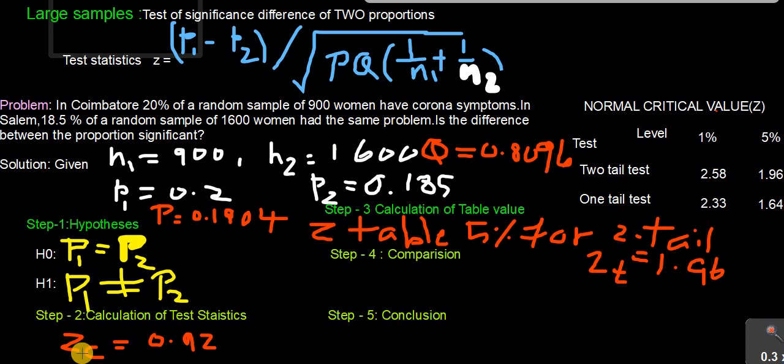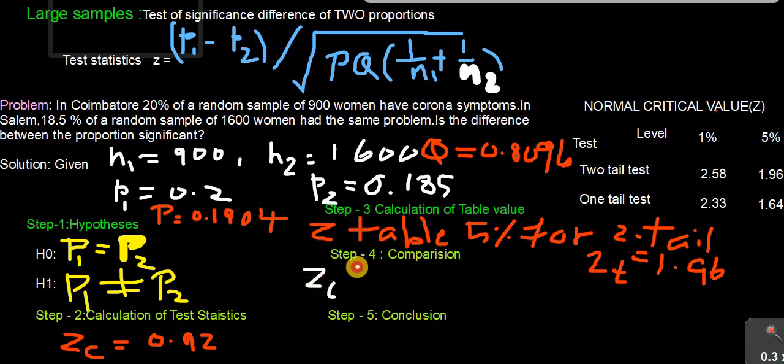So here the calculated value we know well. What is the calculated value? Here the calculated value is ZC.